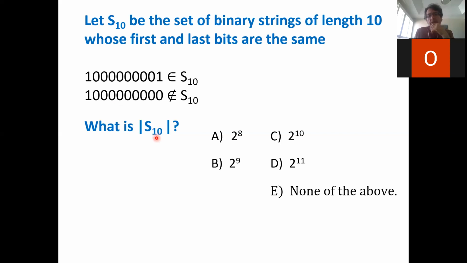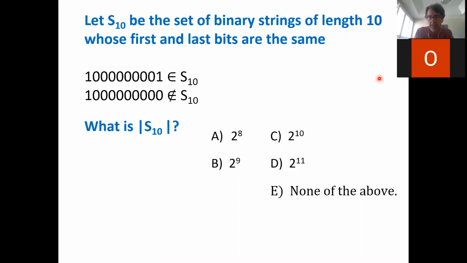How many bit strings of length 10 are there whose first and last bits are the same? That's the only constraint. You can have an arbitrary bit string. The only constraint is that the last bit is a copy of the first. Yes, that's length 10.